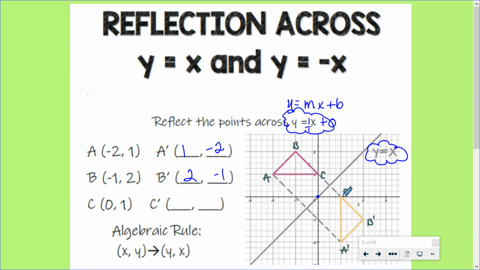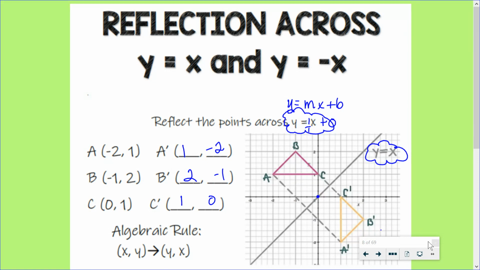And C prime becomes 1, 0. So what happens when it's reflected over this line is all of our coordinates, the ordered pair x comma y, become y comma x. So negative 2 comma 1 became 1 comma negative 2. B was negative 1 comma 2. It became 2 comma negative 1. C, which is 0, 1, became C prime 1 comma 0.